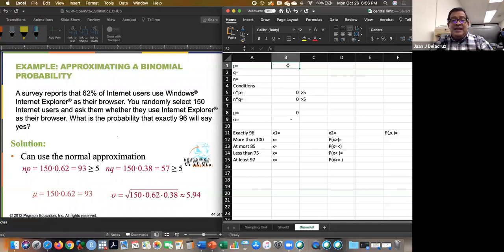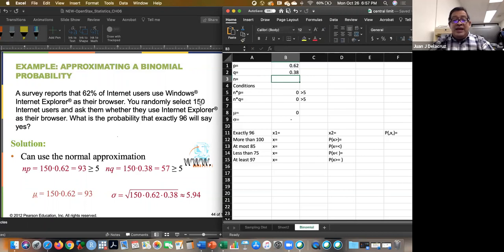This is a very particular case, so we are going to try a couple of them. The probability of success is 62, so it's 0.62. The probability of failure is going to be 1 minus my probability of success.